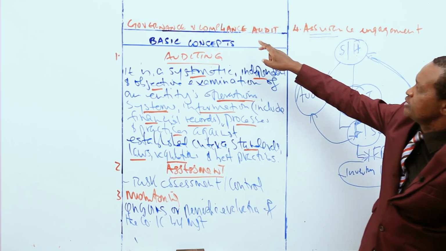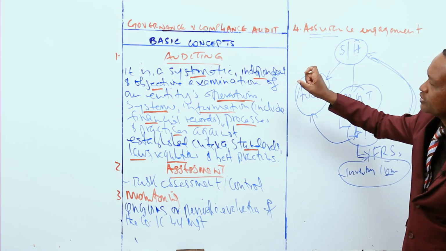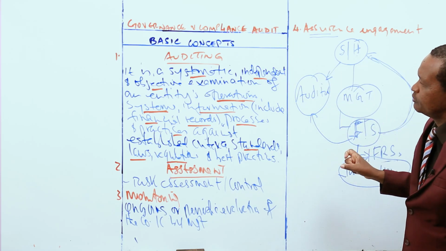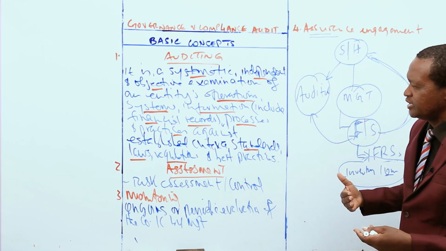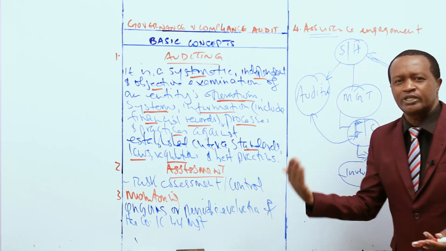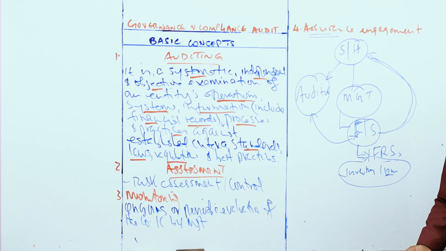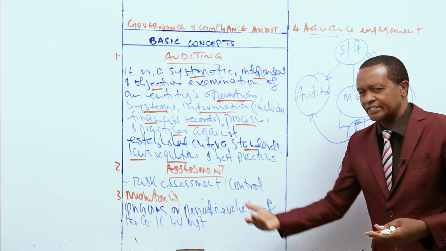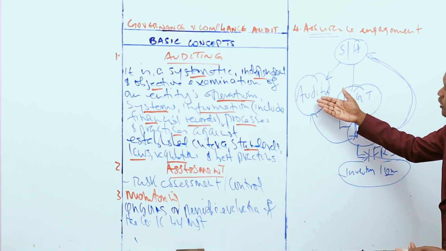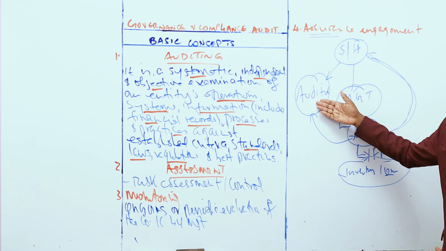A compliance auditor may also give an assurance on the internal controls. It may examine the internal controls and express an opinion as to whether the internal controls are effective, are operating as intended. The auditor may also give a negative opinion.